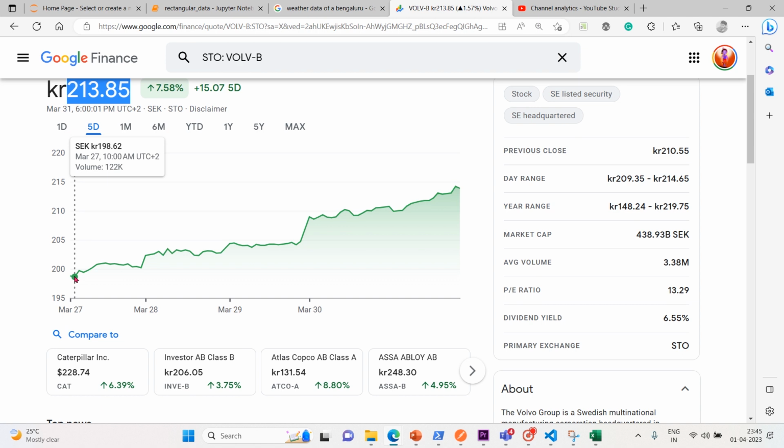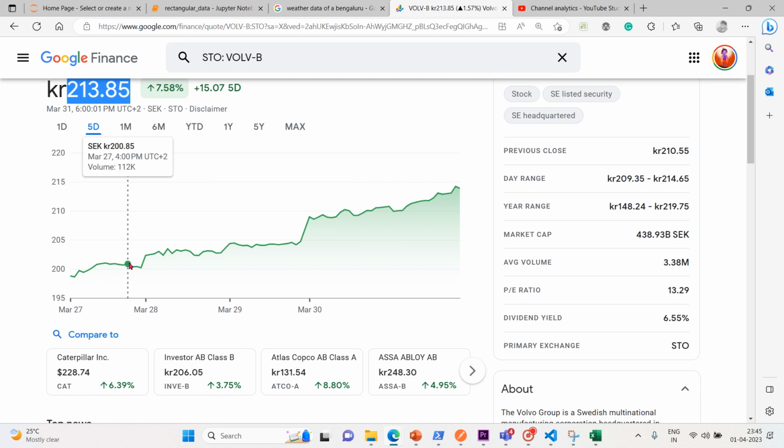And volume, how much volume at that time? It's 288k, that's the number of shares people are holding. So the stock price is 198.78, the number of shares is 288k, and it keeps on increasing.